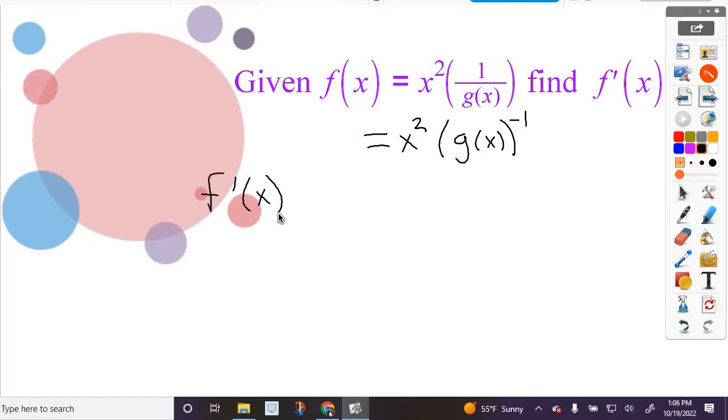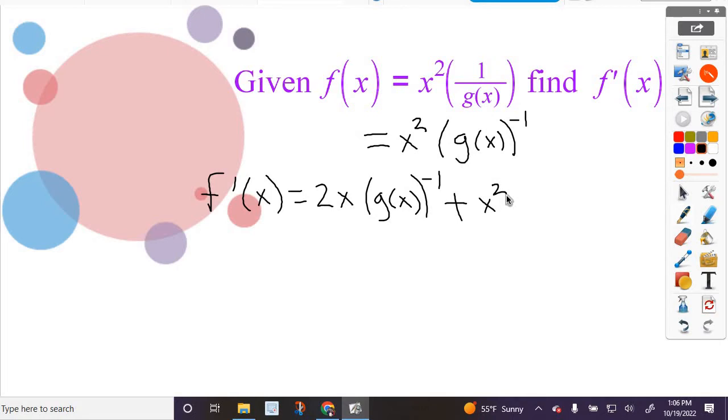So I'm going to take the derivative of the first, which is what? 2x. Then I'm going to leave my second part the same, so just g of x to the negative first. Then I'm going to add, and I'm going to take my first one and leave it, x squared.